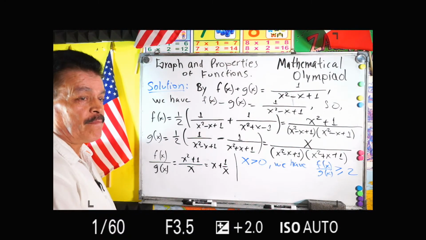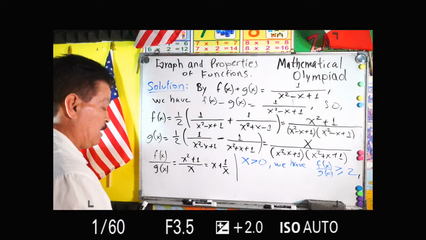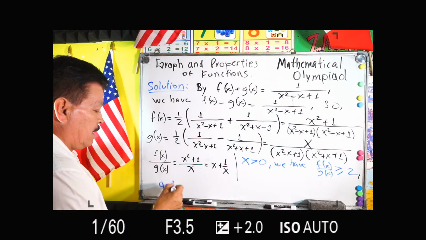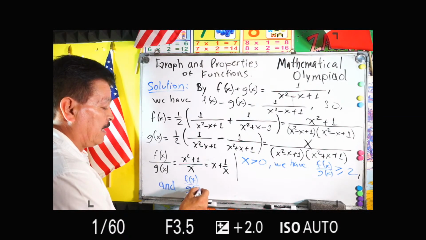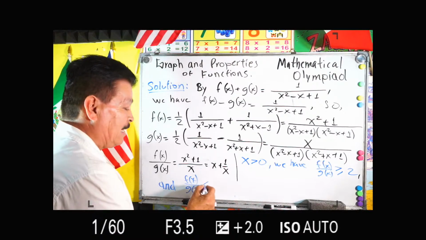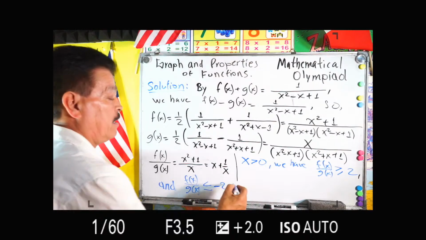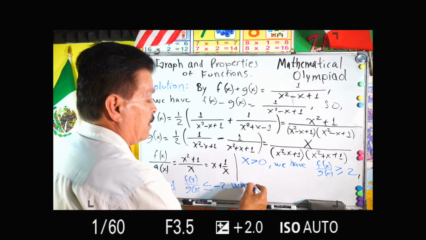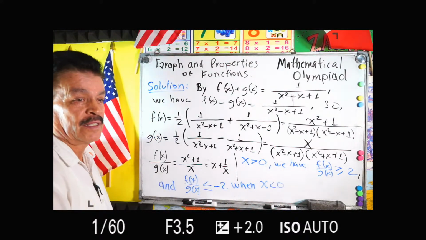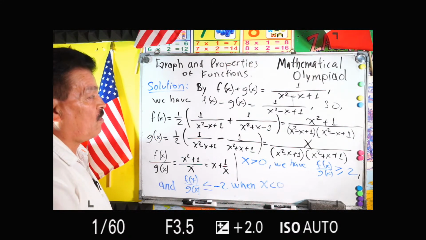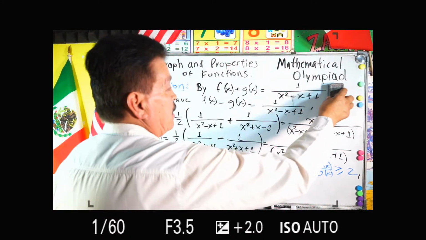Okay, and also one more here: f of x over g of x is less than or equal to negative 2 when x is less than 0. So therefore, I will erase it here.